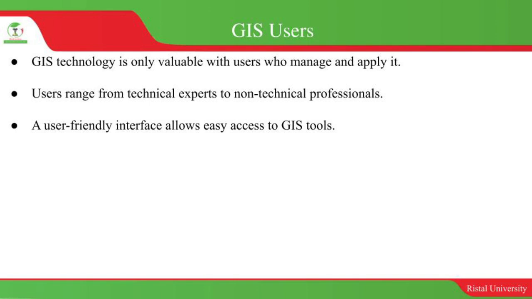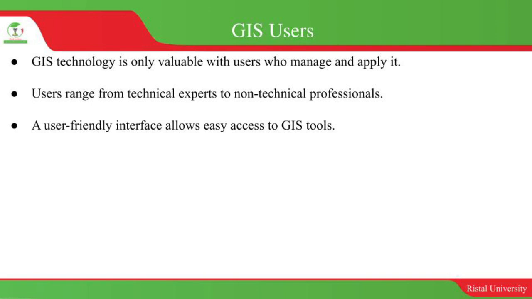We have users who range from technical to non-technical professionals. And the non-technical professionals are people who are sub-using this information that has already been generated for them by the technical professionals. Then we have a user-friendly interface that allows easy access to the GIS tools.